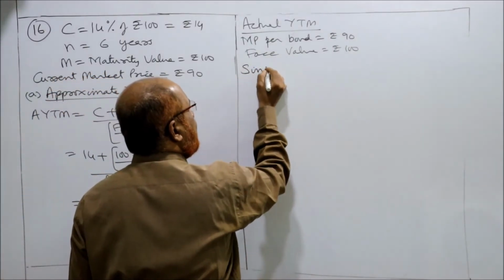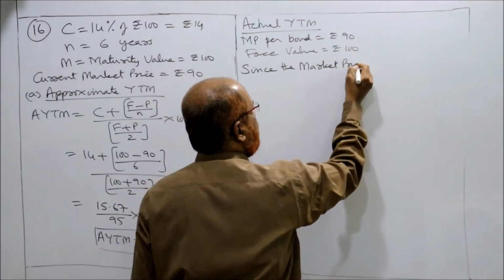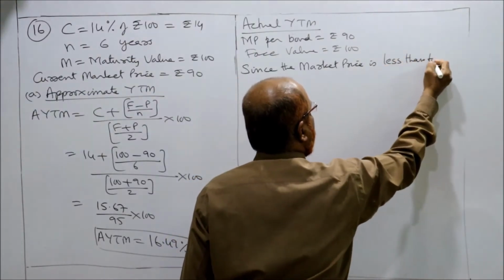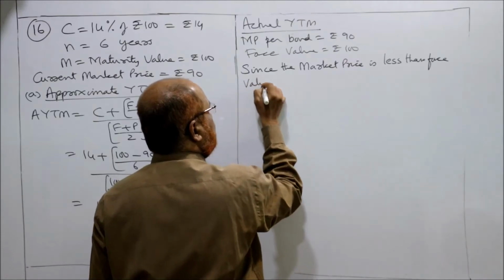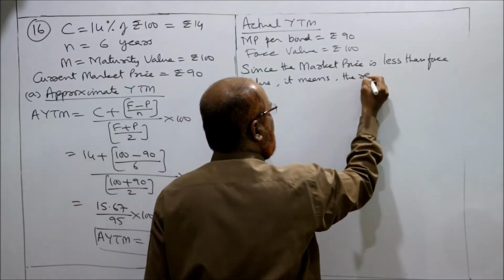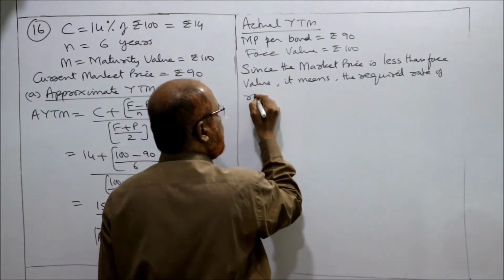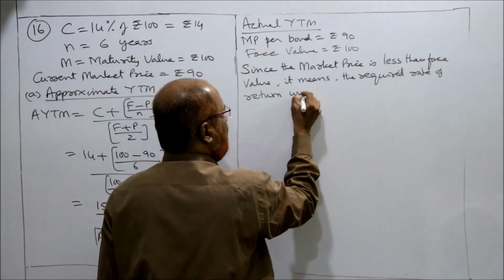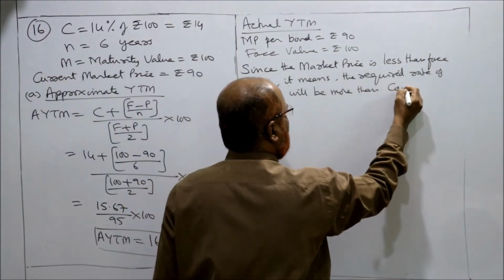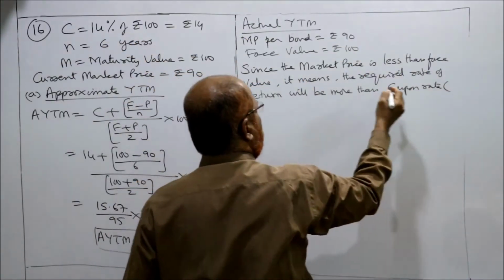Since the market price is less than face value, it means the required rate of return will be more than the coupon rate. The coupon rate is given in the problem as 14%.